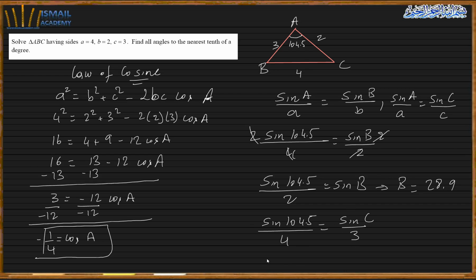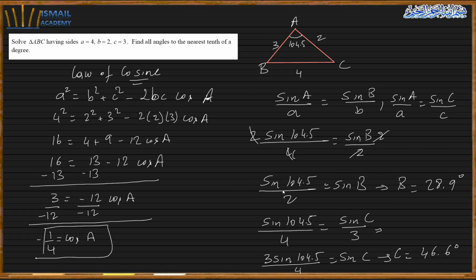So I multiply both sides by 3, and I got 3 sine of 104.5 over 4 equals sine of C. After I use the calculator, I got my C equal to 46.6 degrees.